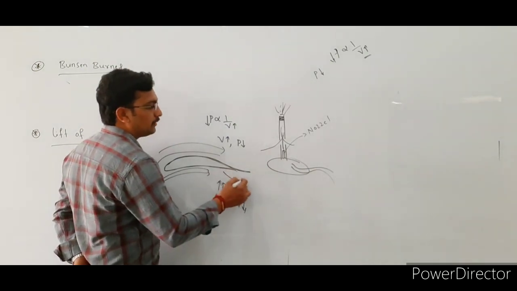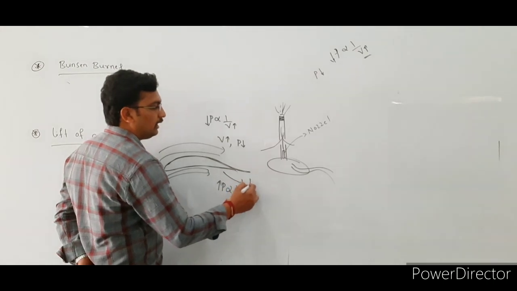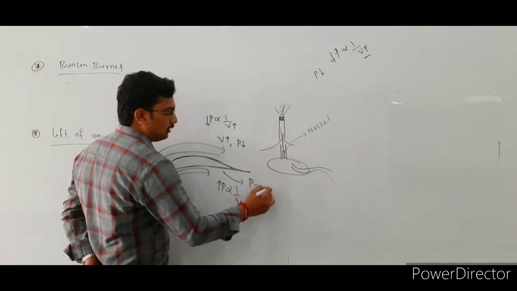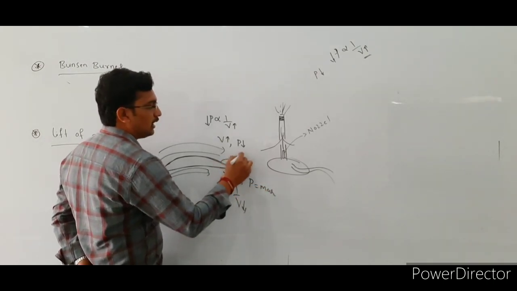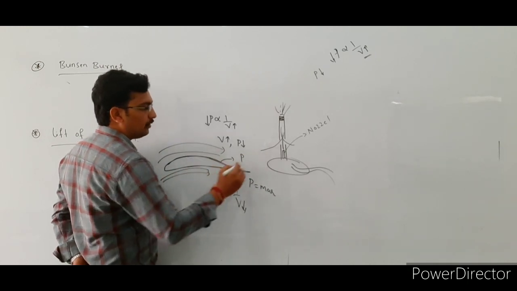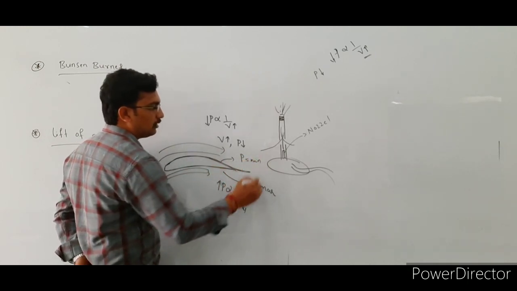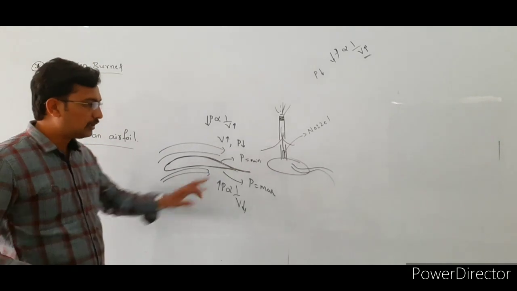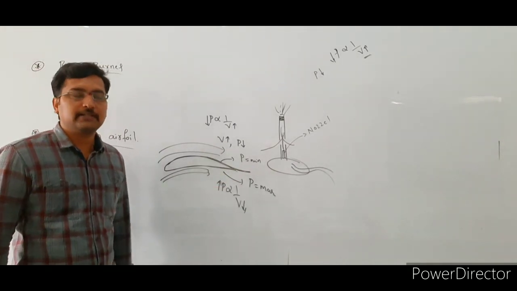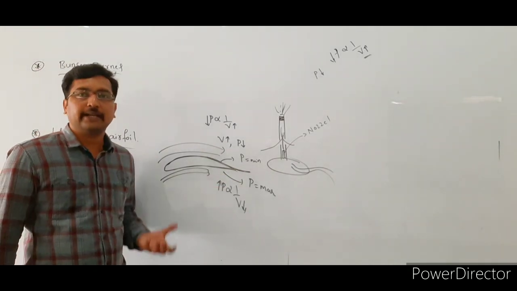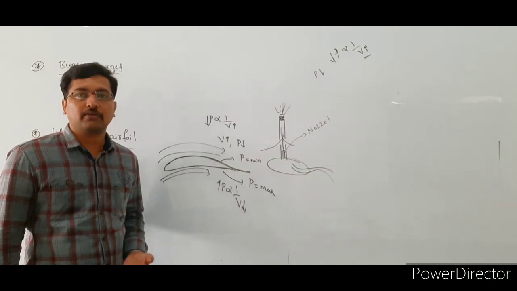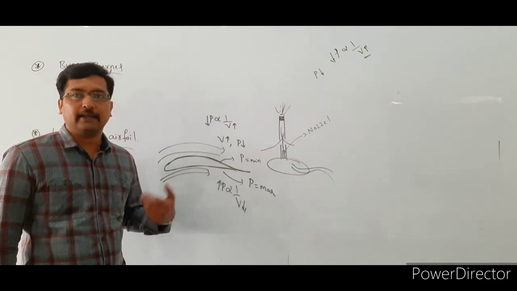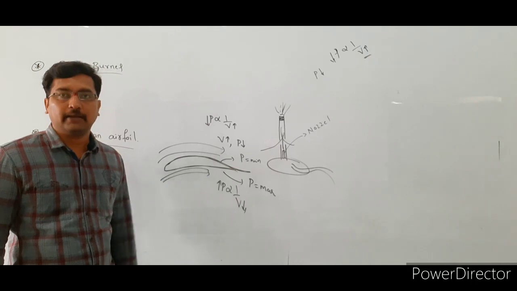The pressure below the airfoil is more compared to the pressure above it, which is minimum. The difference in pressure gives the additional force to lift the airfoil, or lift the aeroplane.